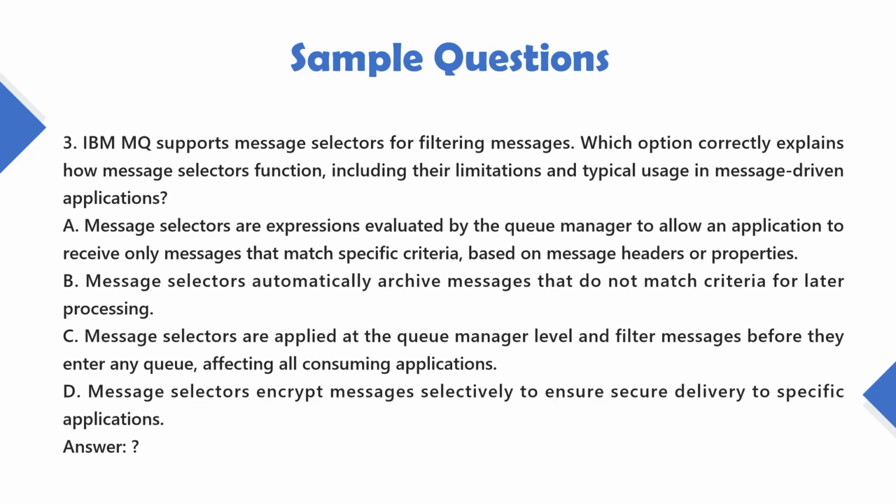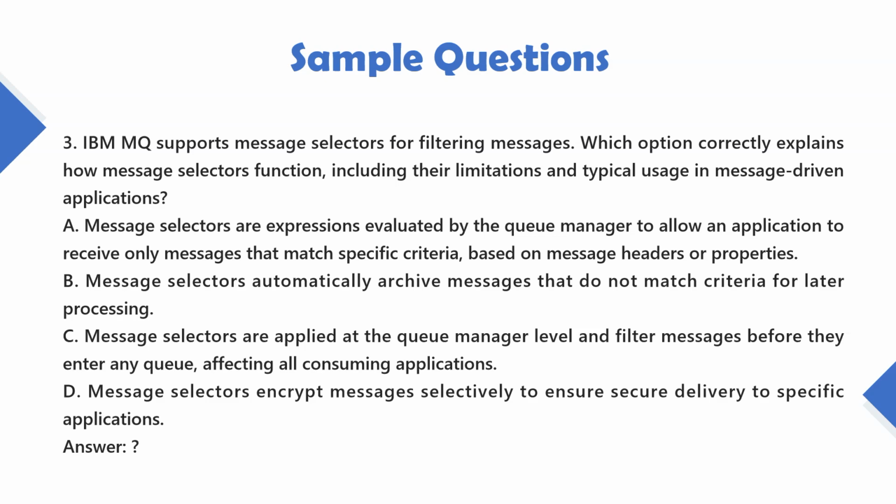3. IBM MQ supports message selectors for filtering messages. Which option correctly explains how message selectors function, including their limitations and typical usage in message-driven applications? A. Message selectors are expressions evaluated by the queue manager to allow an application to receive only messages that match specific criteria, based on message headers or properties.